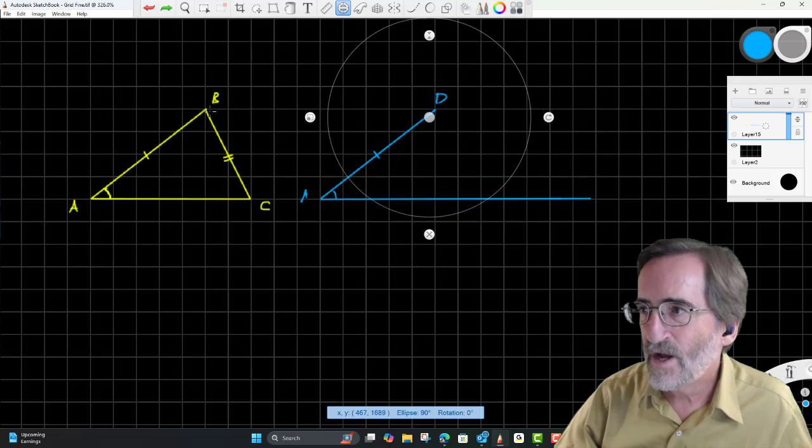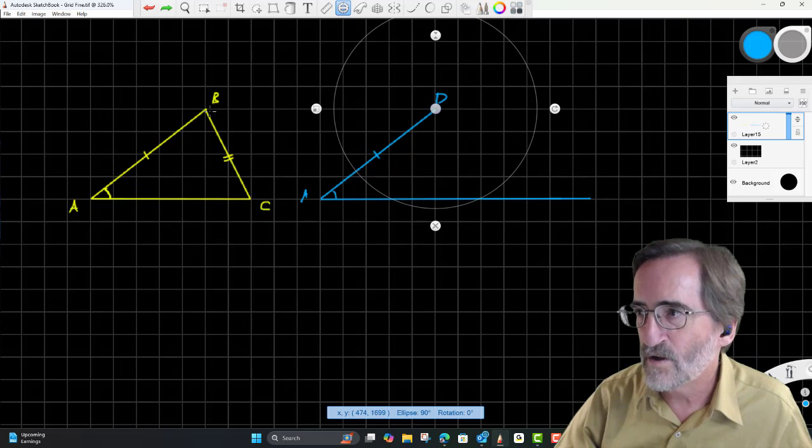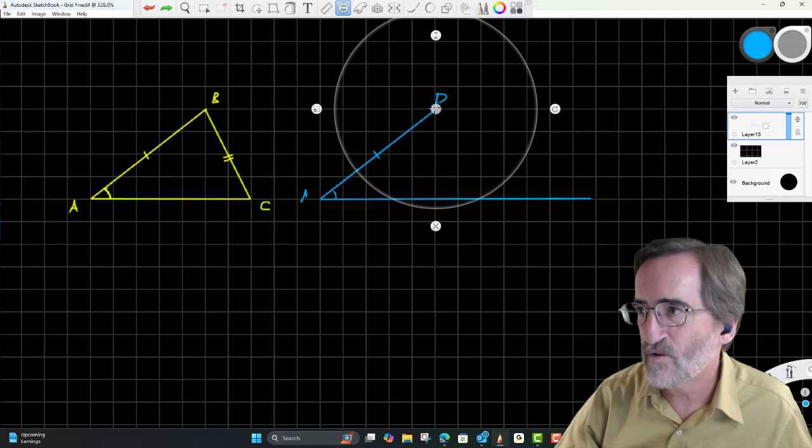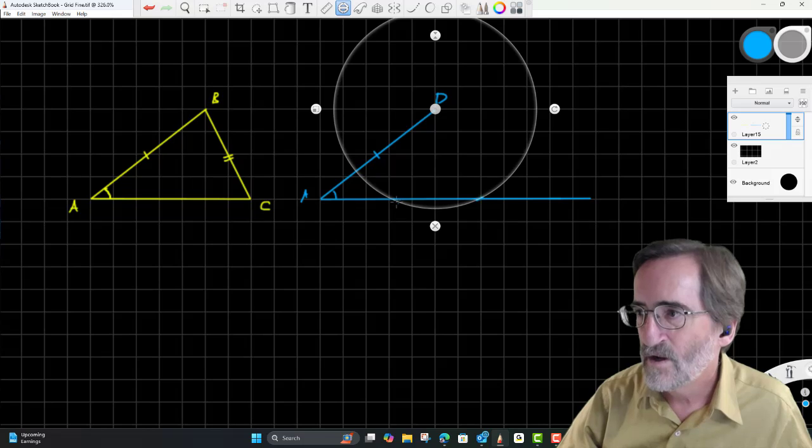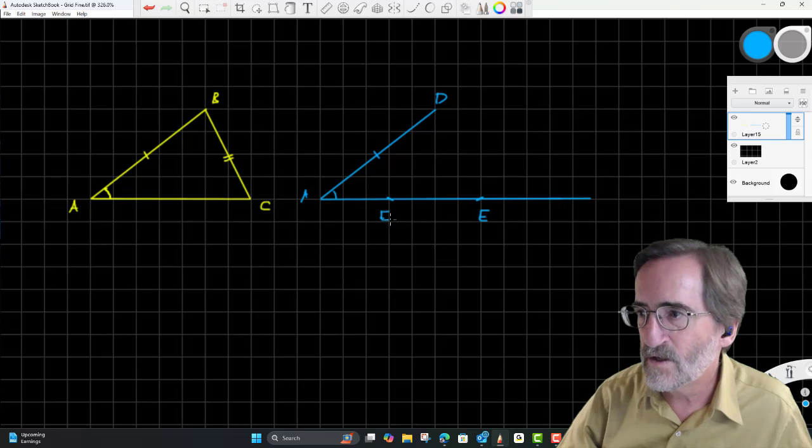I actually have two places I could draw a point that crosses the line. It crosses the bottom line here and here. So I could put E here, or I could put E here.